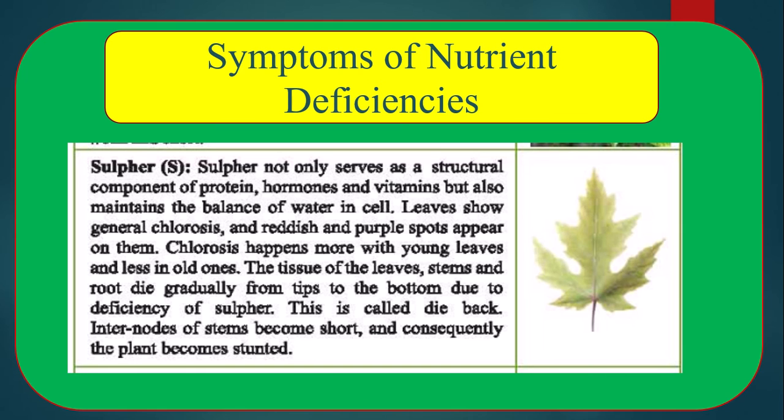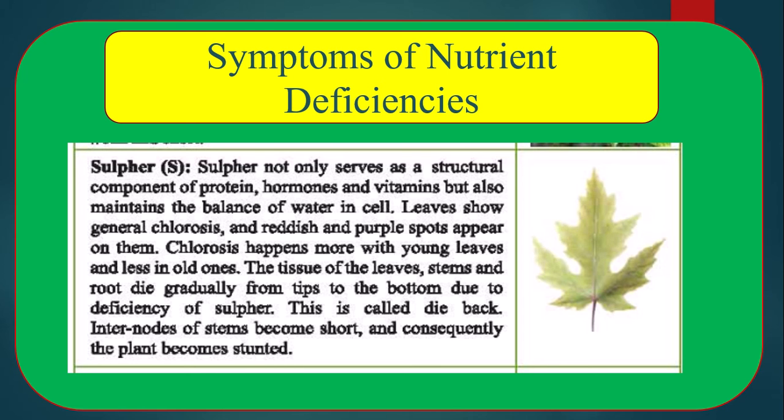Sulfur. Sulfur not only serves as a structural component of protein, hormones and vitamins, but also maintains the balance of water in the cell. Leaves show general chlorosis and reddish and purple spots appear on them.